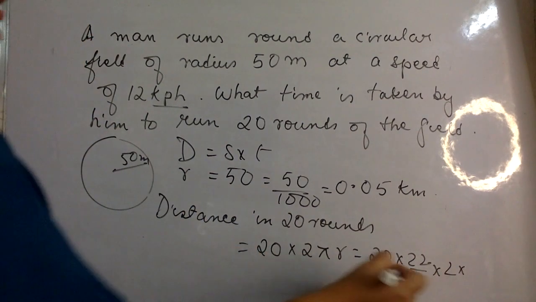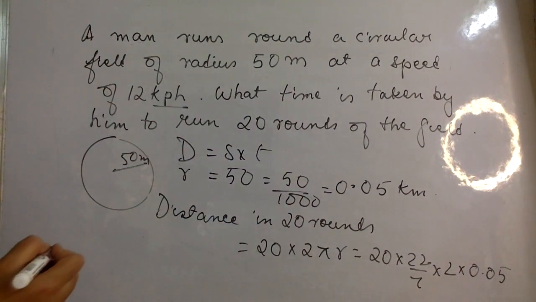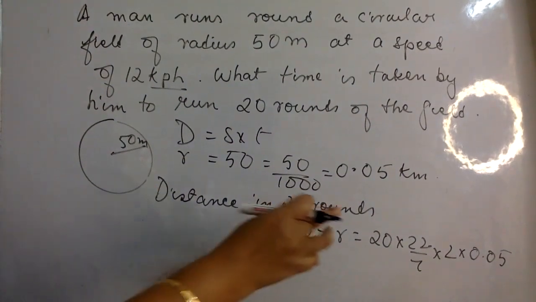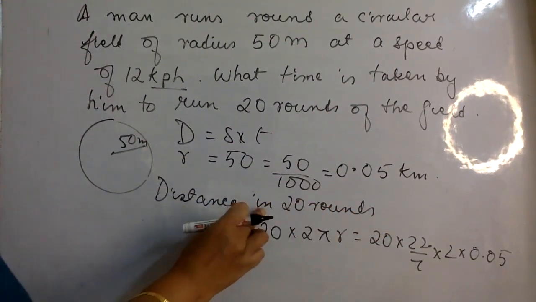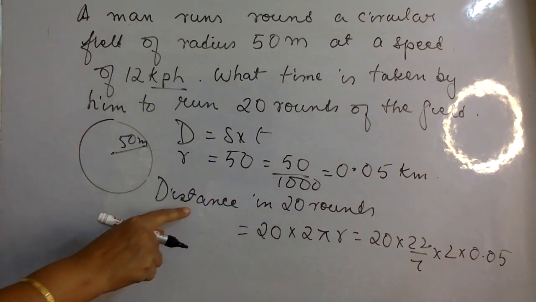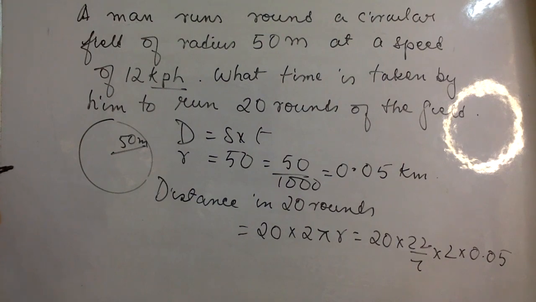R is 0.05. Now we have to find the distance it is covering in 20 rounds. Now that is a big calculation.